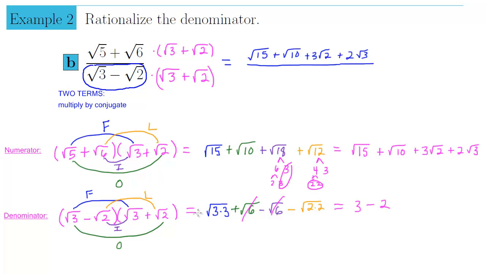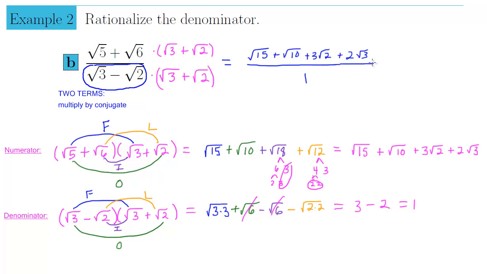So in the denominator, we just end up with 3 minus 2, which is 1. So in our actual problem where we're rationalizing the denominator, in place of root 3 minus root 2 times root 3 plus root 2, I'm just going to put 1.